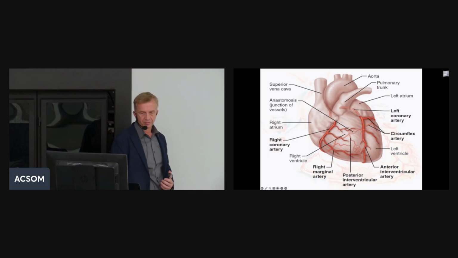The right coronary artery, which is located in the right sulcus, divides into the right marginal artery, and then the posterior descending artery, or posterior interventricular artery.